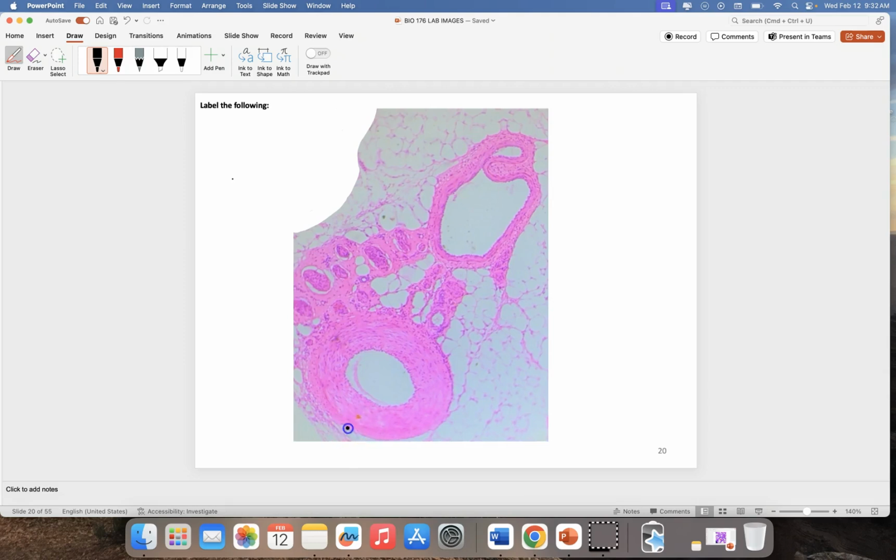We can see here this vessel, and I'm going to outline it here for us. So we have one vessel here, and then we have this other vessel over here.